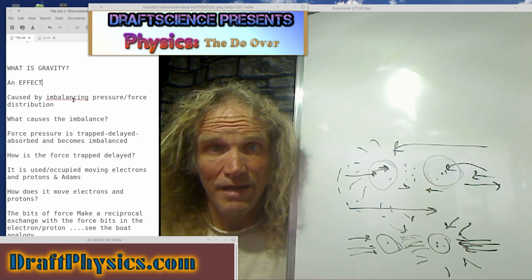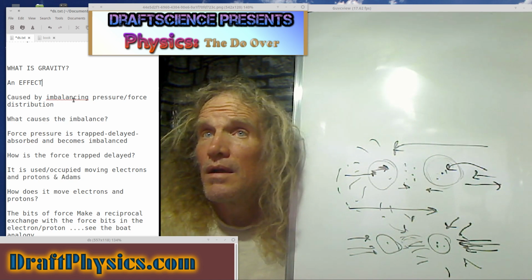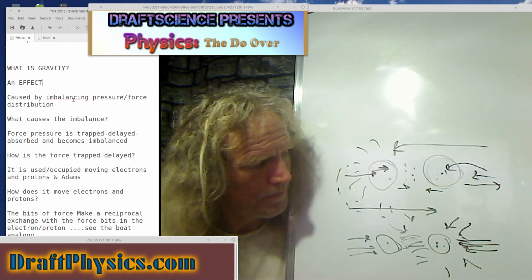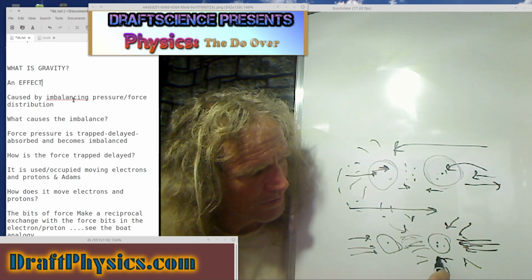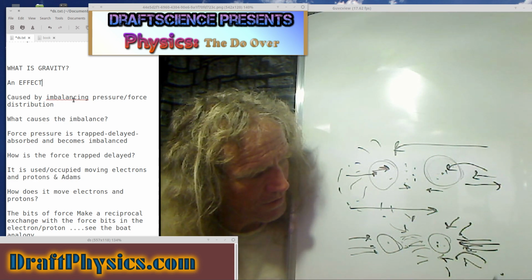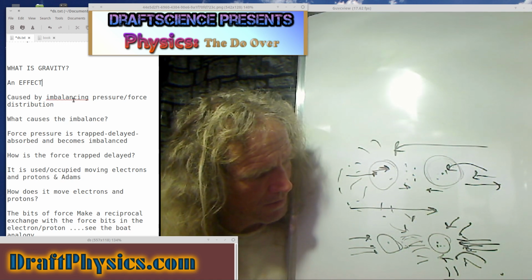And being in the way matters, is the simple answer. All right. The momentum has to come from somewhere, so any movement in this direction is an absorption of force in this direction. And this moves much slower again.